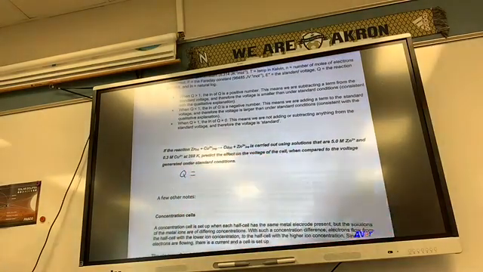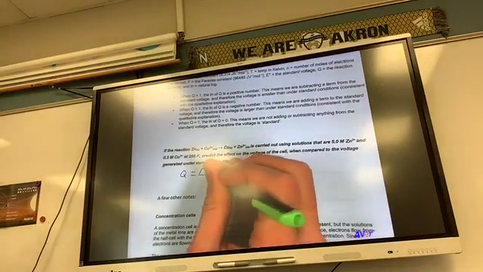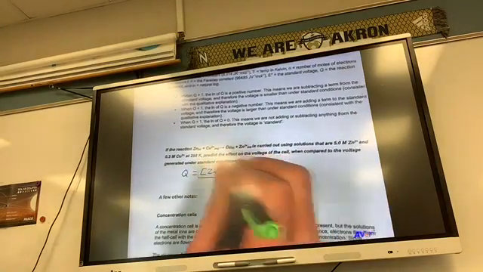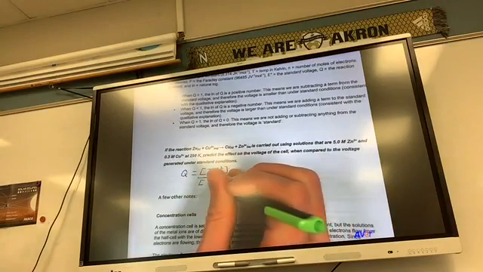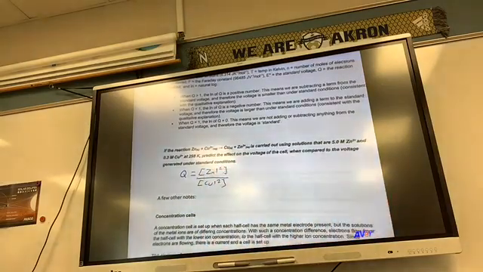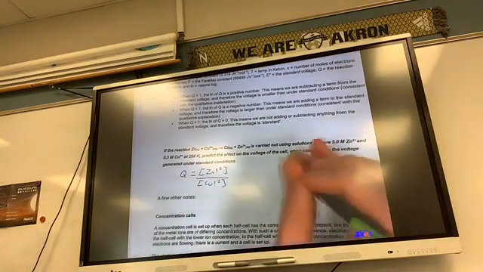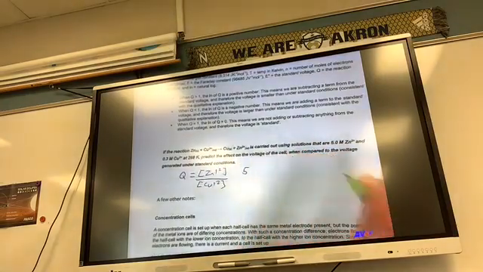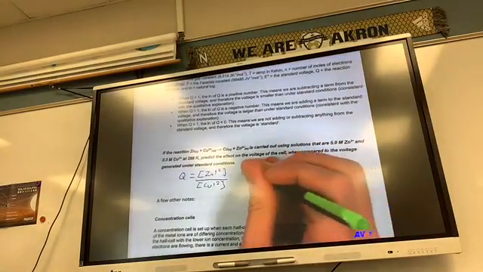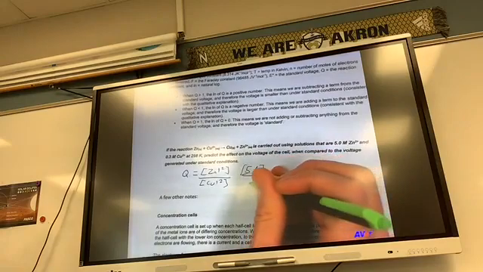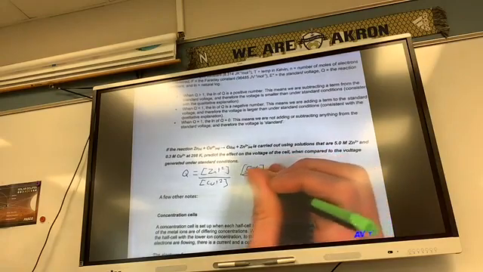Q equals the concentration of Zn2+ over the concentration of Cu2+. They gave me both of these, yes? So this is going to be 5 molar over 0.3 molar.